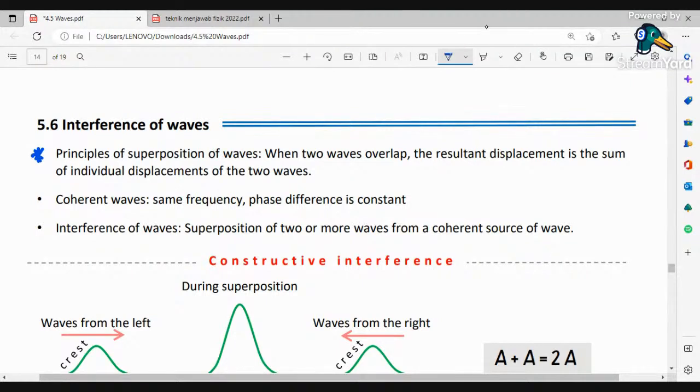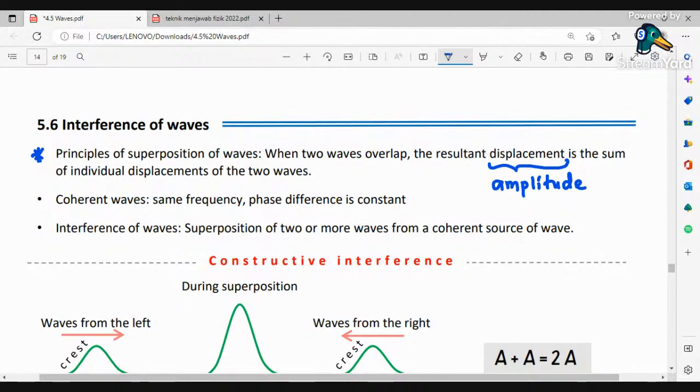As we know, the maximum displacement is related to amplitude. Meaning if two waves meet and overlap, it will produce a new wave with a new amplitude. The amplitude of the wave is the sum of individual displacement of the two waves.